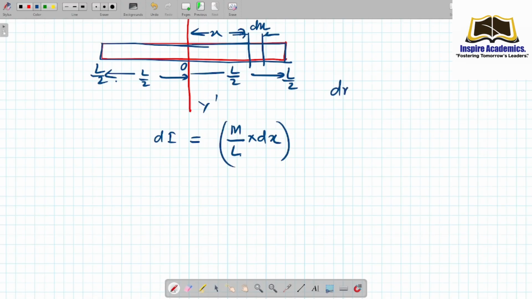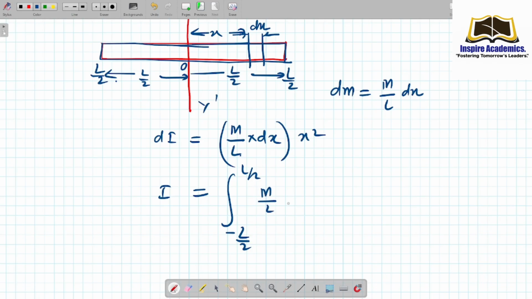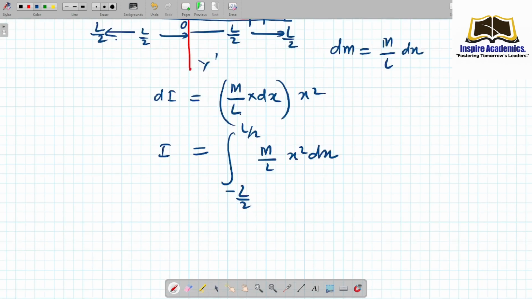So I am writing here dm as m upon L dx, into x square, that would be my dI. So what would be I? I would be, let me take the limit, minus L by 2 to L by 2, m by L x square dx. Have you all understood this?